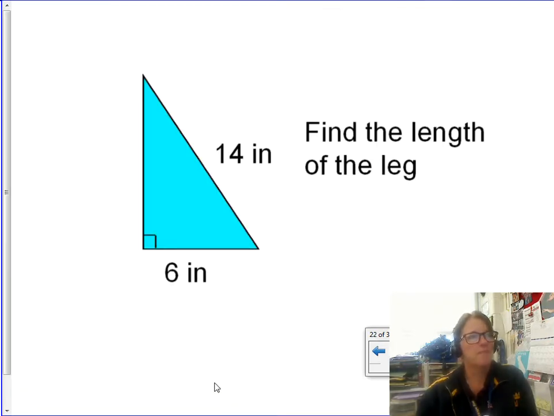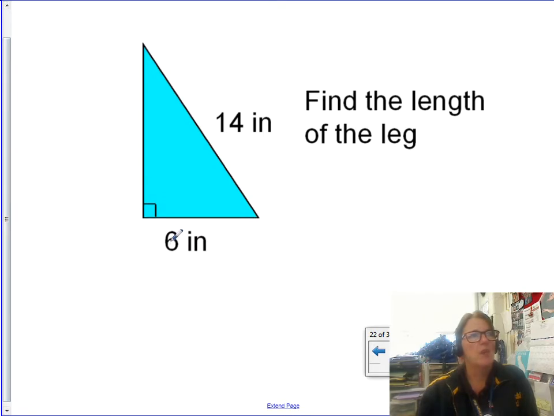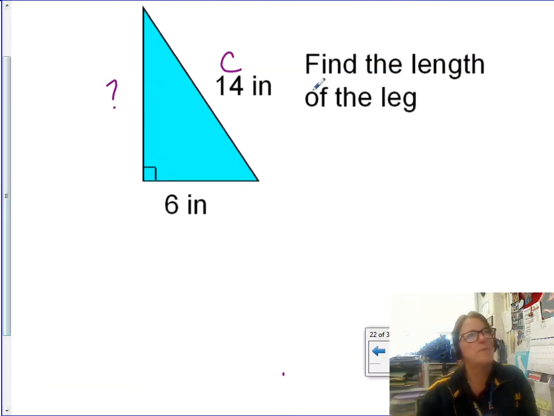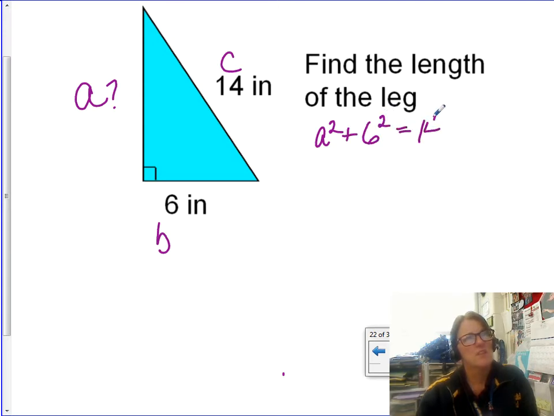All right, let's do one more. How about this one? You got one leg. I don't know this leg, and I know the hypotenuse for sure. So if I call this one A and this one B, there's C. So I could say A squared plus 6 squared equals 14 squared. Let me get some numbers in here. Subtract the 36.